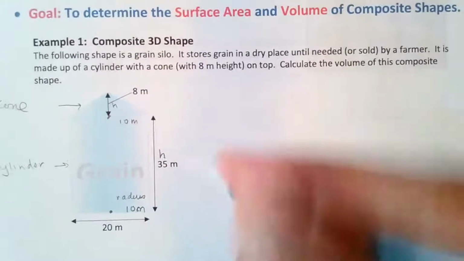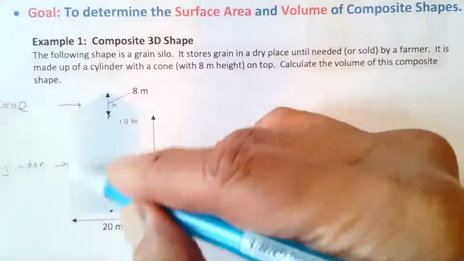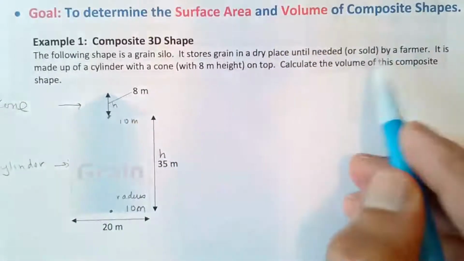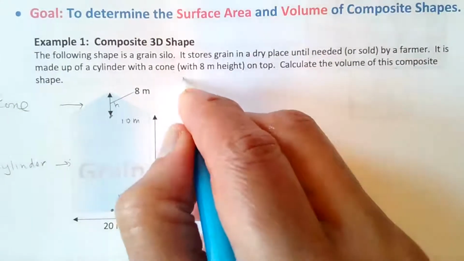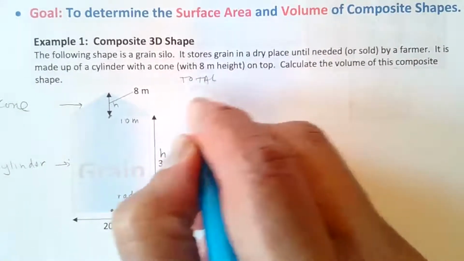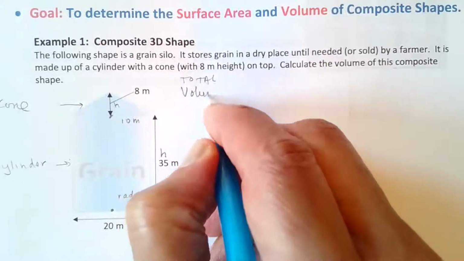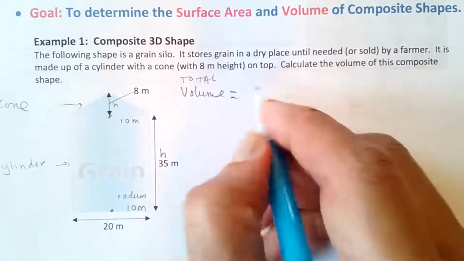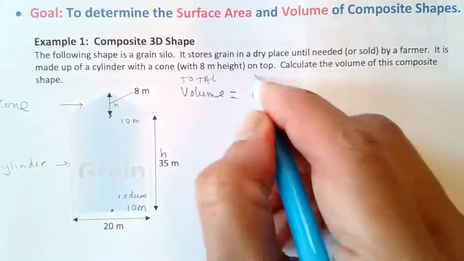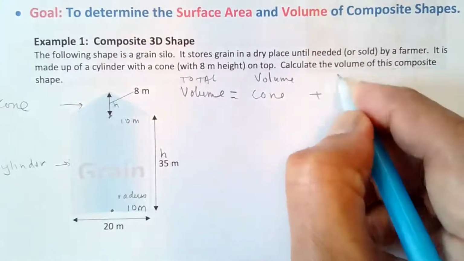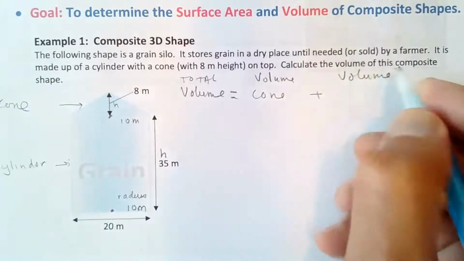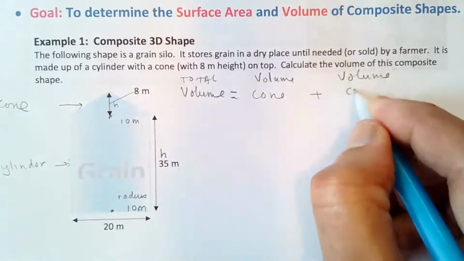To find the volume, we have to find the total volume now of this composite shape. So the total volume is equal to the volume of the cone plus the volume of the cylinder.